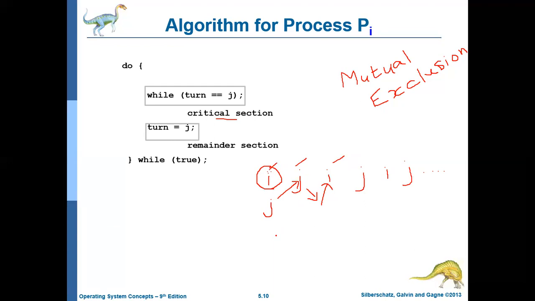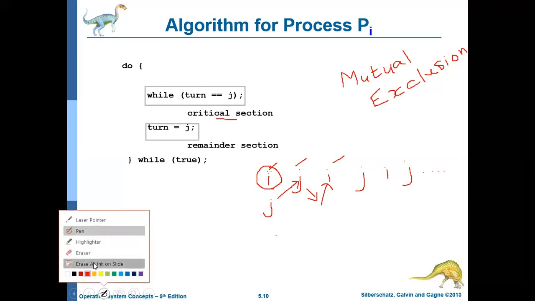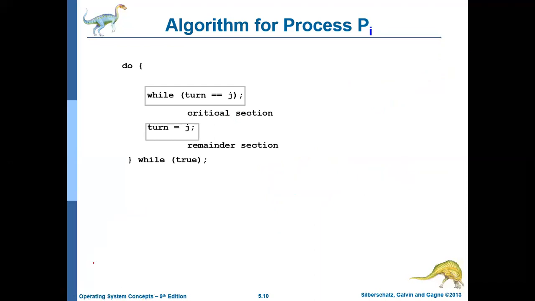Sometimes a process may not want to enter, but here that is not allowed, because when i comes out it makes turn equal to j, which means in the next round j has to enter the critical section. That is the drawback with this algorithm. But obviously it solves the core problem, which is to ensure data consistency.